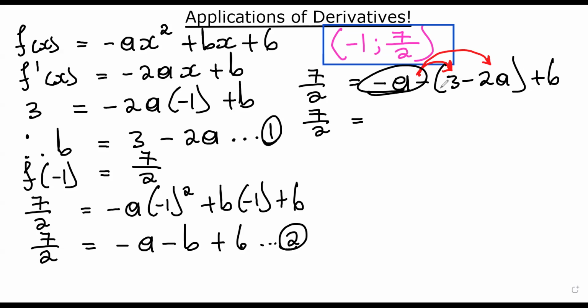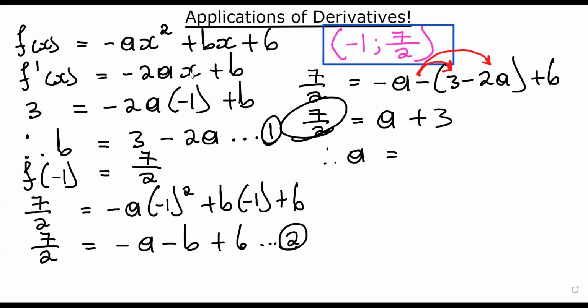So -a + 2a is going to give us 1a. And -3 + 6 gives us 3. 7/2 is actually 3.5, and if you say 3.5 minus 3, you find that the value of a is just going to be 1/2.